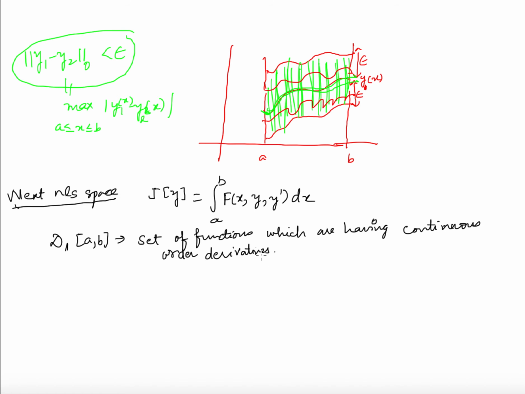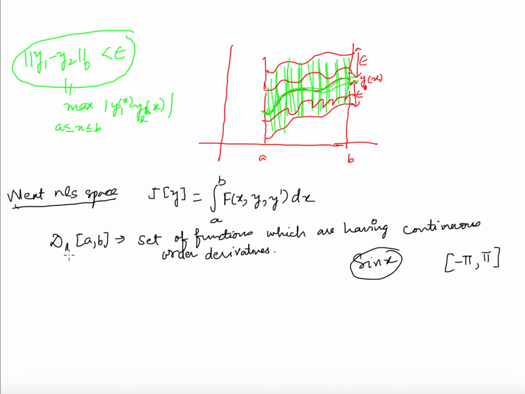Okay, so for example, if I have sine of x and my interval is from minus pi to pi, is this function in the set or not? Yes, sine x is continuous everywhere, differentiable many times, as it is actually an infinitely differentiable function. So for sure it is differentiable the first time. What is the derivative? That is cos x, and that is again continuous.